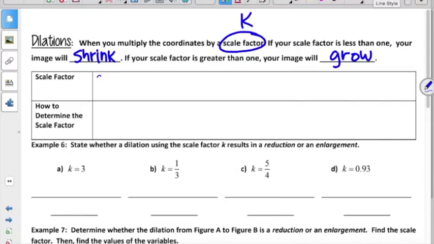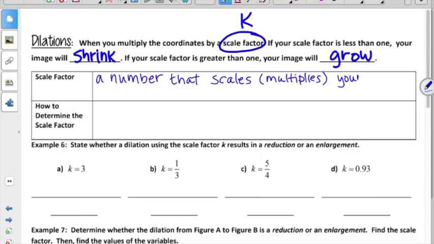Your figure will either grow or shrink. Your image is either larger or smaller than the pre-image. Remember, the pre-image is what you start with. The image is your end result.